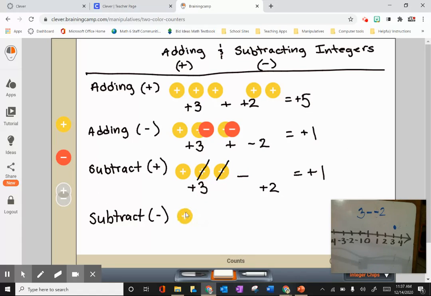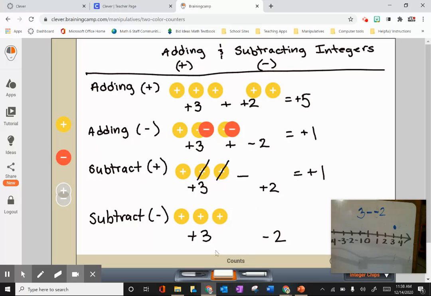I'll start with 3, and I want to take away negative 2. How can I take away negative 2 from positive 3 if there aren't any negatives to take away?